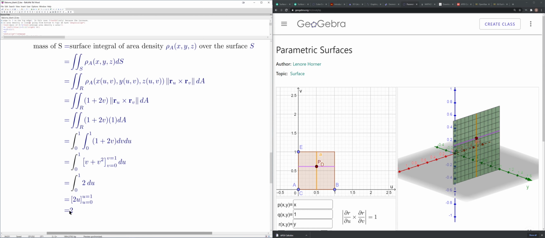So the mass of this metal plate is going to be 2.